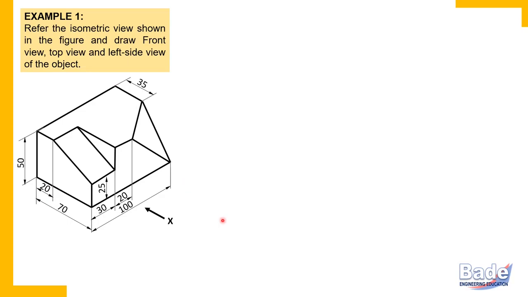Now here, first thing what you are going to do is check overall length, width and height of the object. Now this is very important to understand that length of an object doesn't mean its longest dimension. Remember, length is dimension measured parallel to length axis.